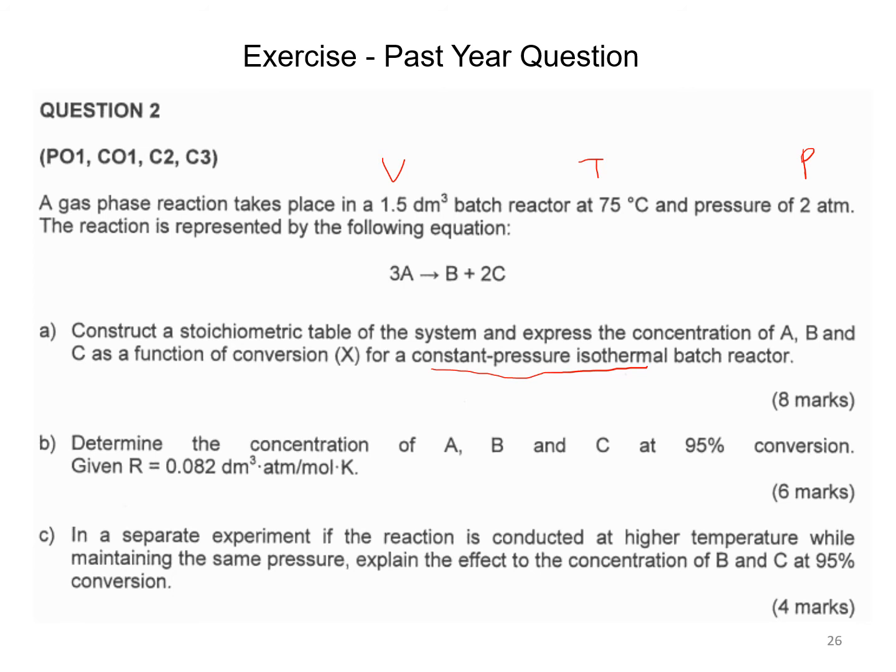When we have the words constant pressure isothermal batch reactor, it means that V is equal to V0 times 1 plus epsilon X, times P over P0, T0 over T. For a constant pressure isothermal batch reactor, you need to use this equation in terms of V. You can cancel these terms because it is constant pressure and isothermal. This is the one you will use.